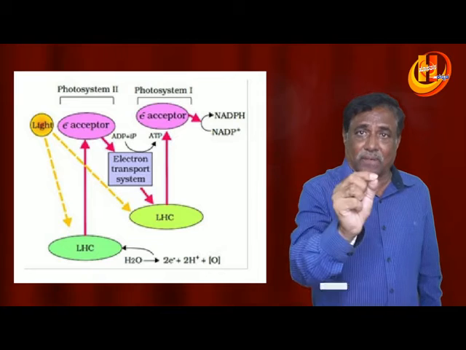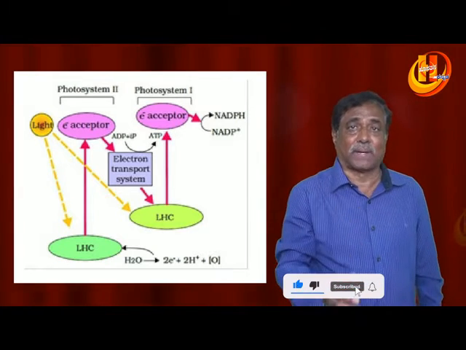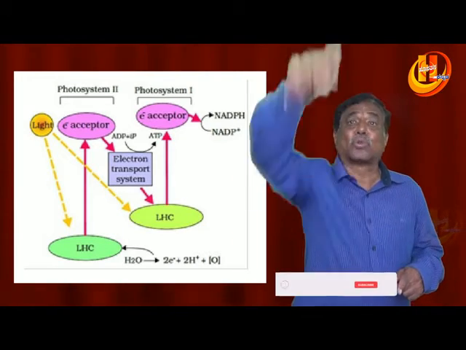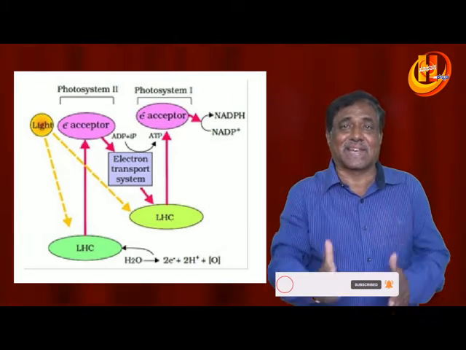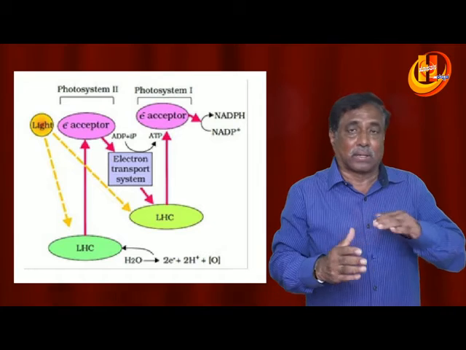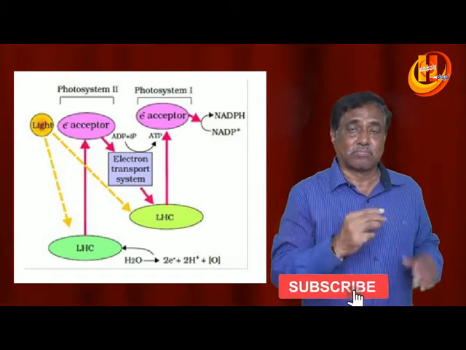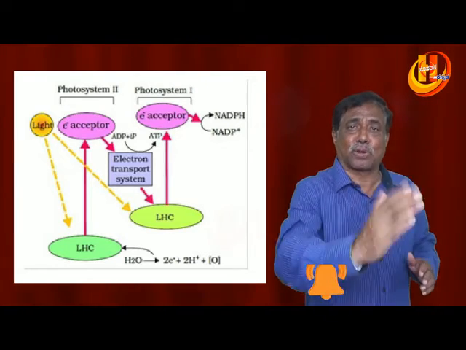When the photon of light of 680 nm hits the chlorophyll molecule, it gets excited and releases electrons, as I told you earlier, and the electrons go to pheophytin. But during the electron jump, energy is released. Because of this energy release, the LHPC complex is formed, that is the light harvesting protein chlorophyll complex.